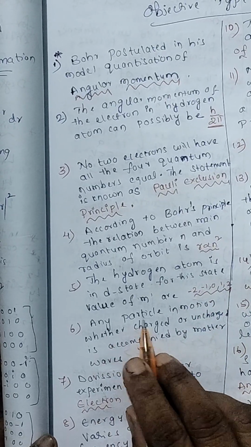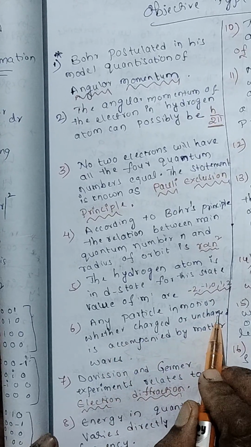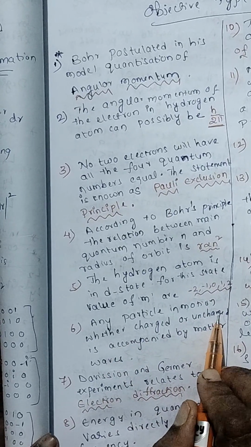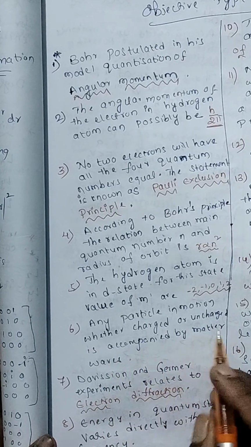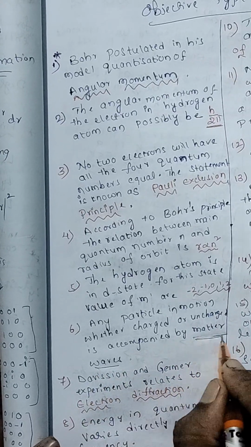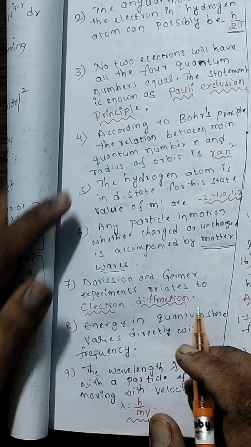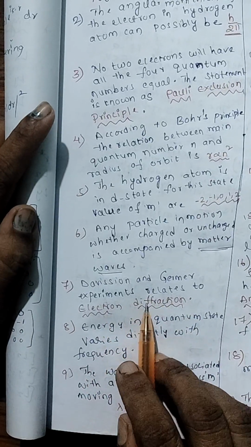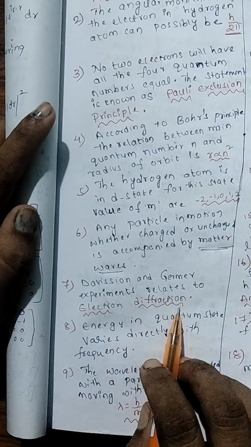Any particle in motion, whether charged or uncharged, is accompanied by matter waves. Next, the Davisson-Germer experiment relates to electron diffraction.